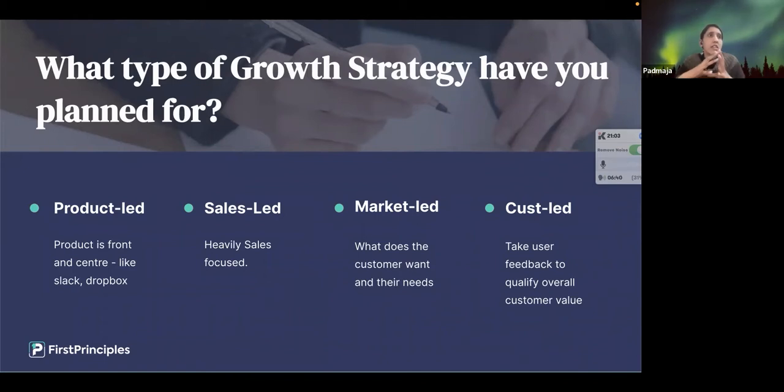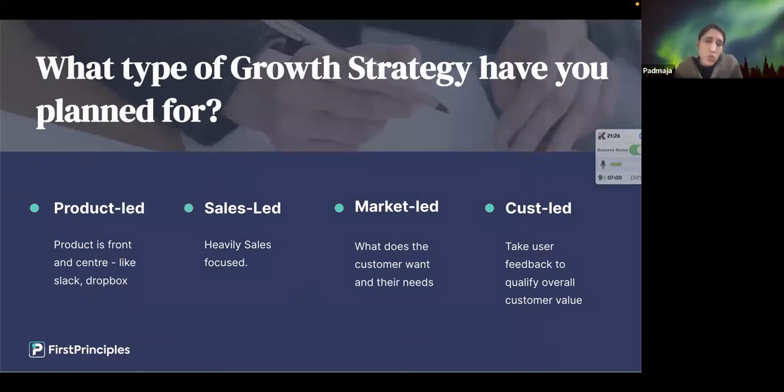Because it saves us a ton of space from the marketing and sales. I'm not saying marketing and sales don't happen in product-led, but the product speaks for itself, right?